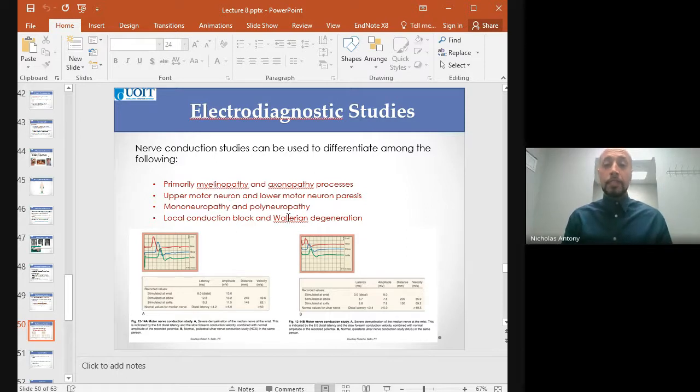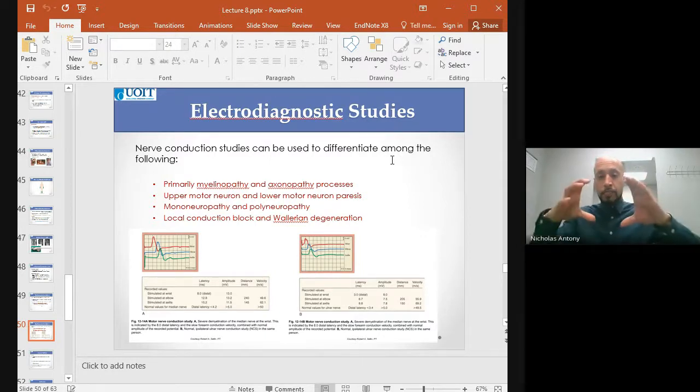What would happen if there's an axonopathy? So some of the axons are gone. Well, so with axonopathies, because it's not all the axons, it'll be just some, potentially. Yeah, so it'd be the amplitude, right?